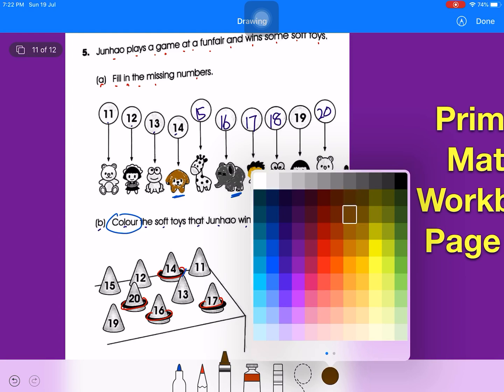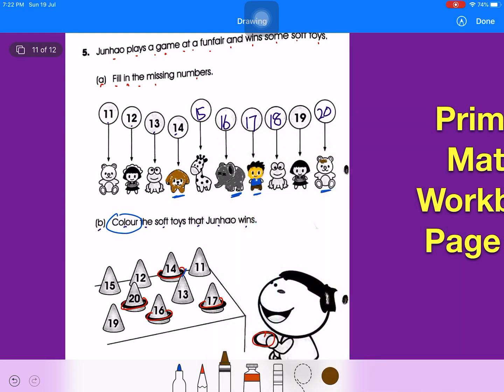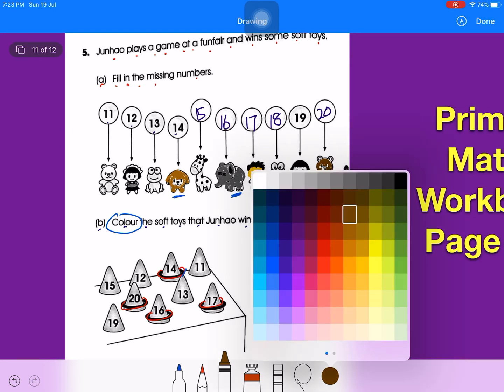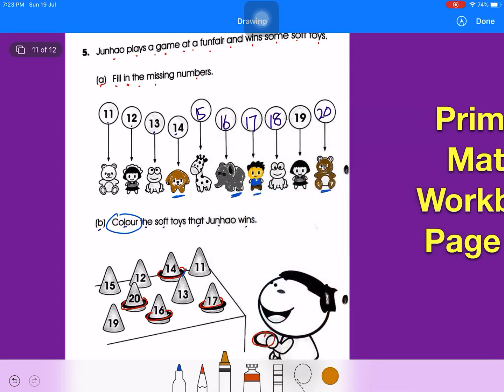So he also wins the teddy bear. Okay, so done. That's it.